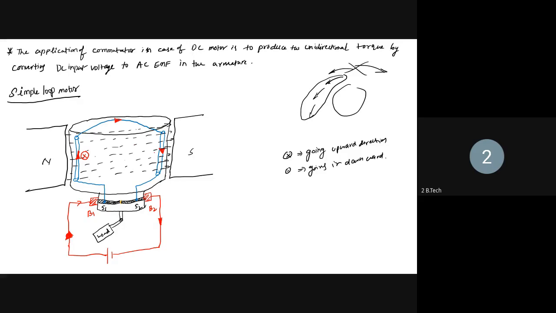and inward is dot. So we know already cross is nothing but going into the paper, and whereas this one is coming out of the paper.